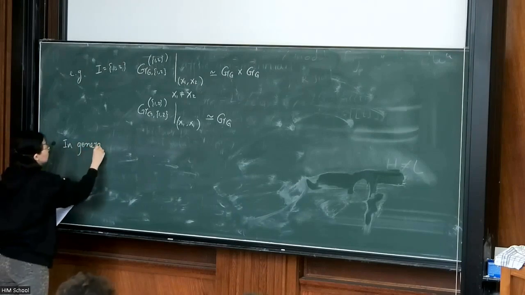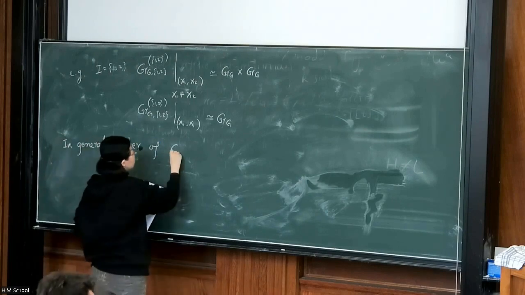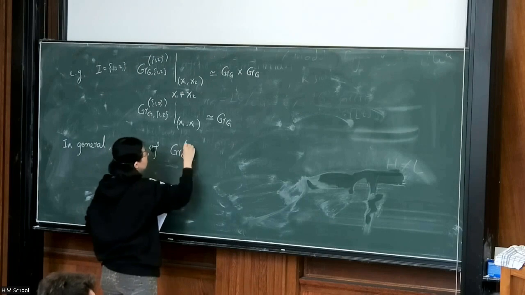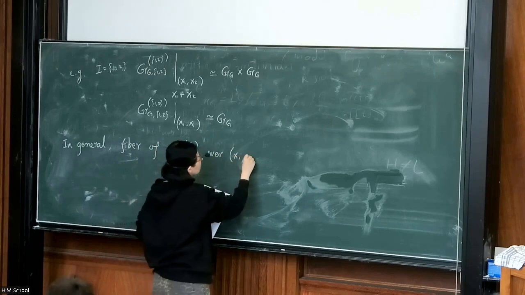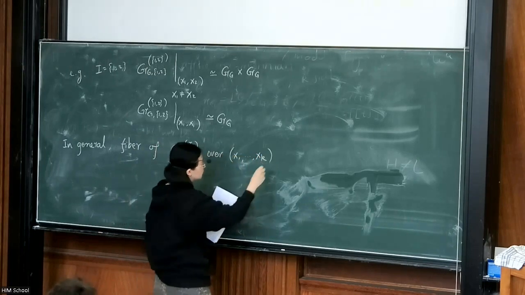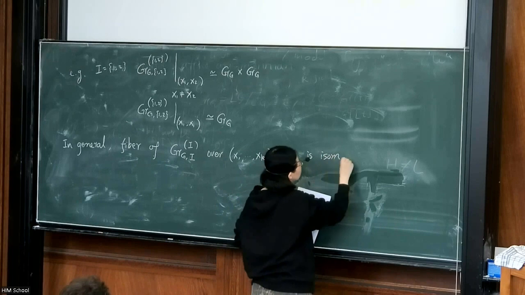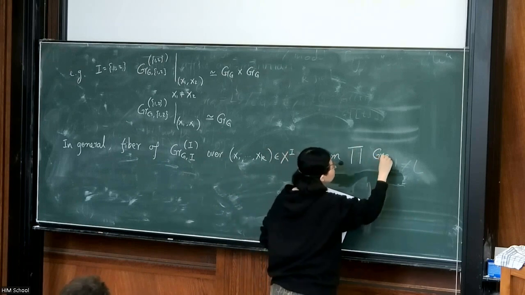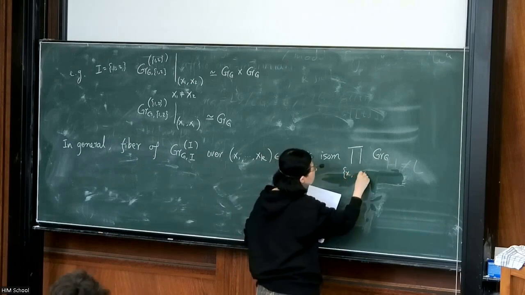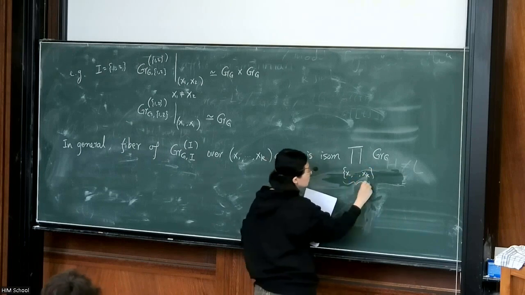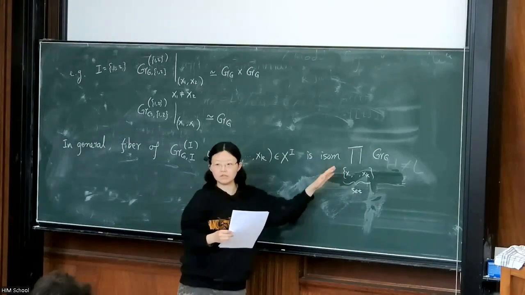In general, the fiber of this one over some point is isomorphic to a product of affine Grassmannians, but the product is over the points viewed as a set, which means you only take the ones which are not equal to each other.